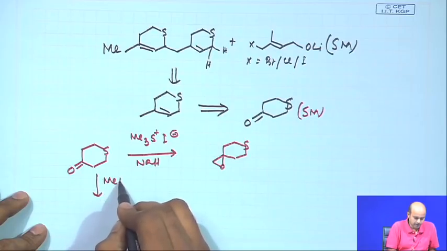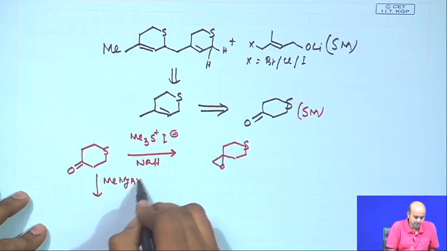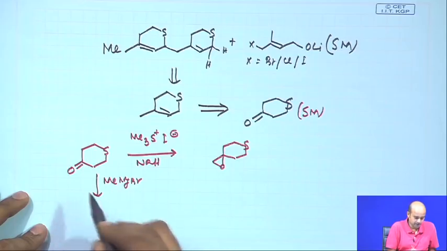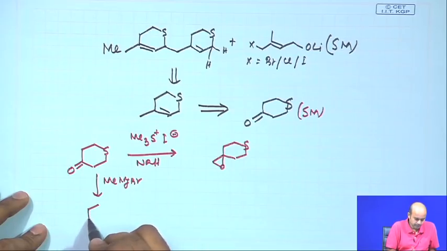And then this starting compound you react with MeMgBr, methyl magnesium Grignard. So, it will basically give you the OHMe.